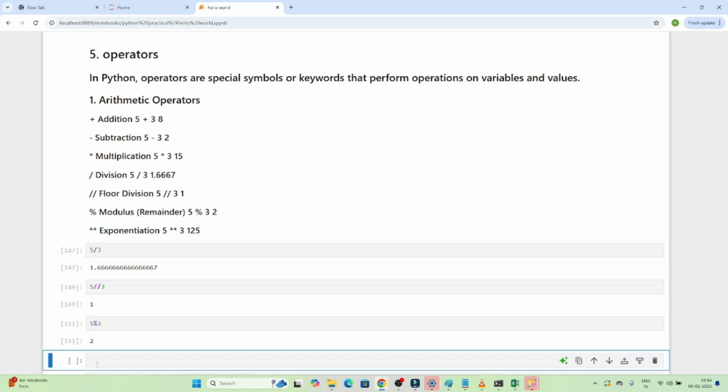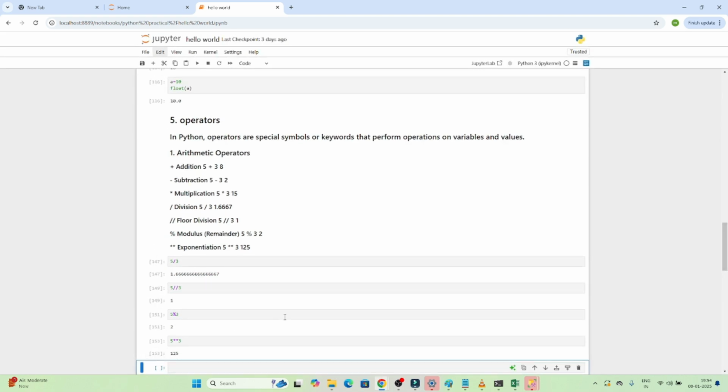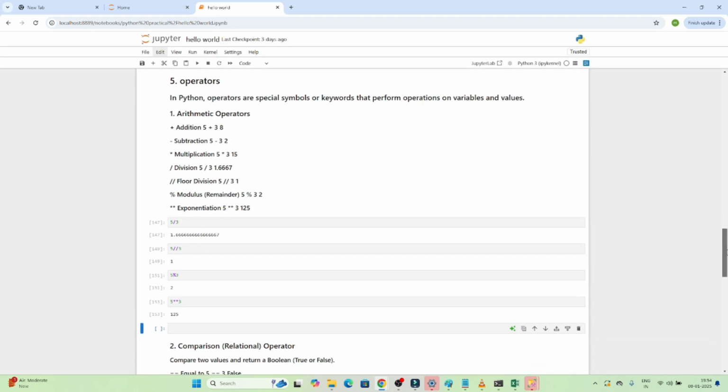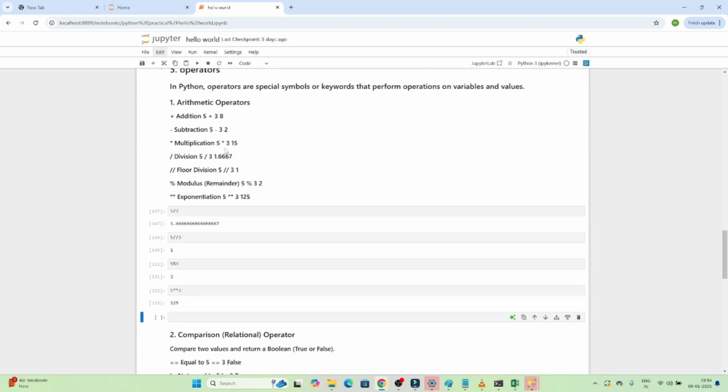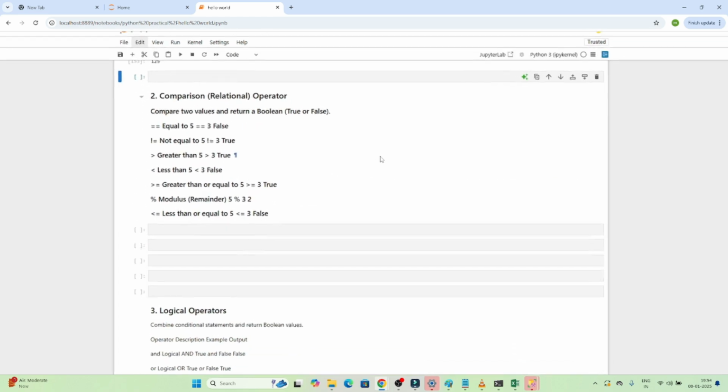Exponential: how can you find it out? 5 star star 3, you can see 5 cube is 125. So like that we can perform arithmetic operations. These addition, subtraction, multiplication symbols are the operators that generally help to perform arithmetic operations.